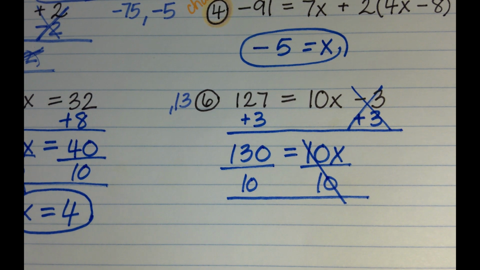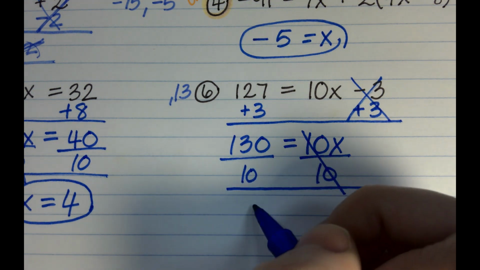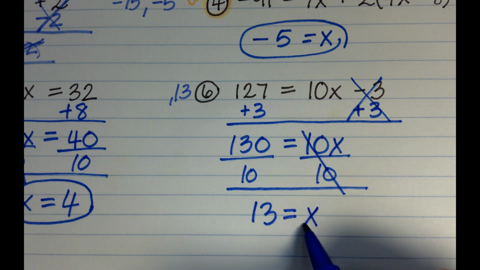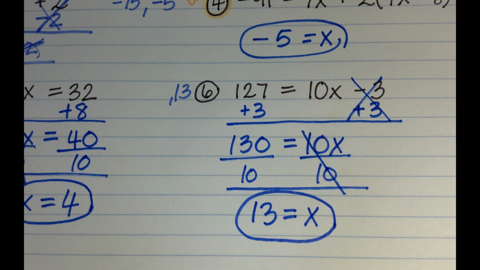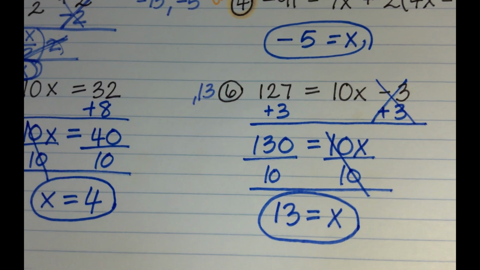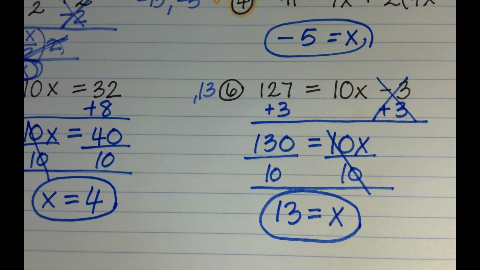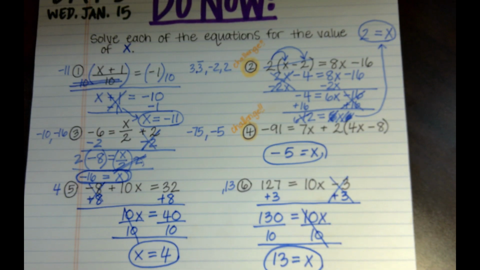And what is 130 divided by 10? 13. Good. 13 equals x. Awesome. Do we have any lingering questions about any of this? Anything at all?